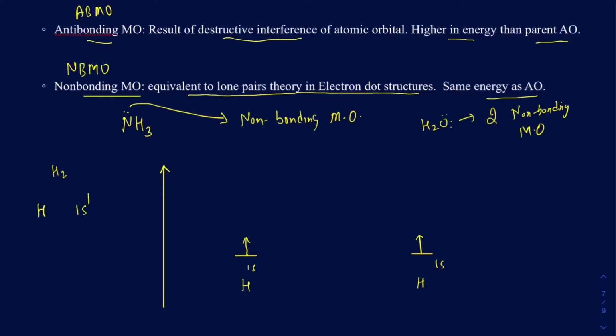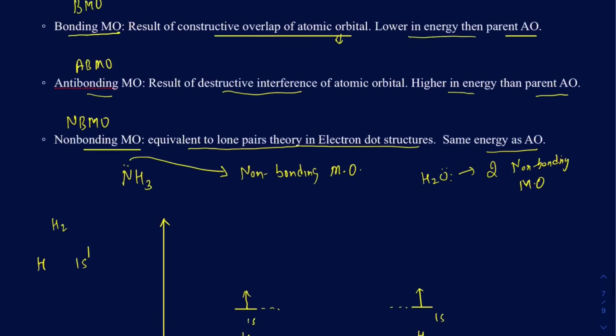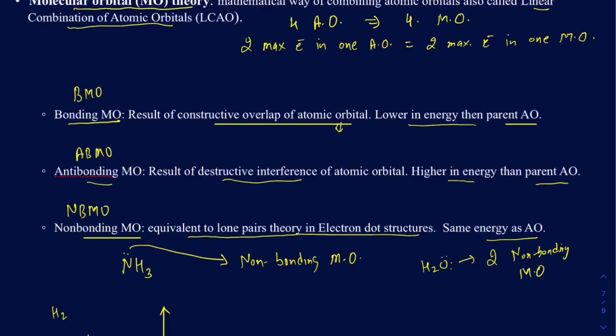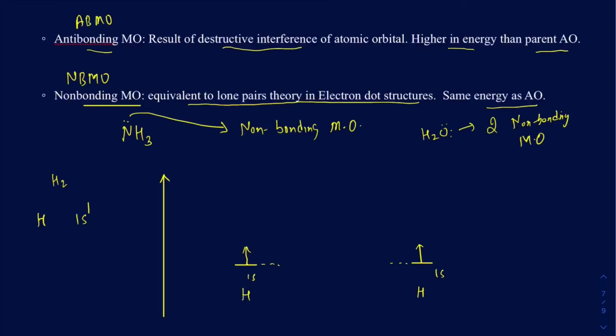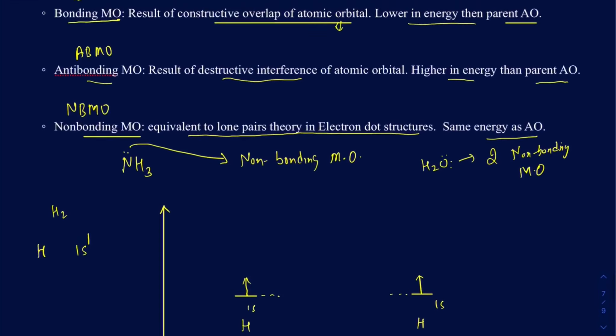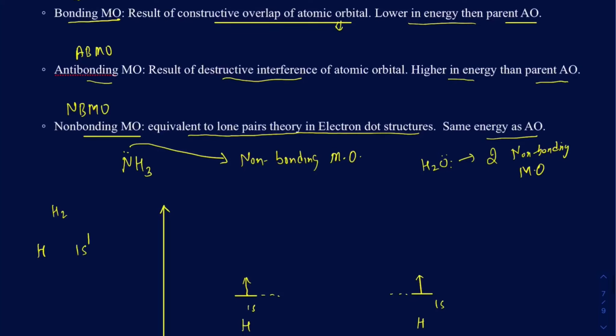So when you combine them together, the total number of your atomic orbitals is going to be equal to the total number of your molecular orbitals that we talked about earlier. So if you're combining two atomic orbitals, you must make two molecular orbitals. And when you make molecular orbitals, the number of anti-bonding molecular orbitals is always going to be equal to the number of bonding molecular orbitals.